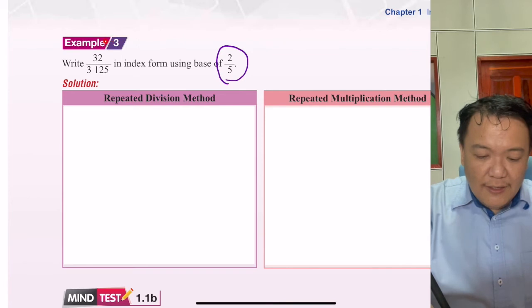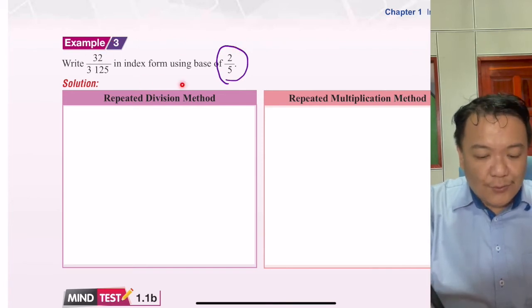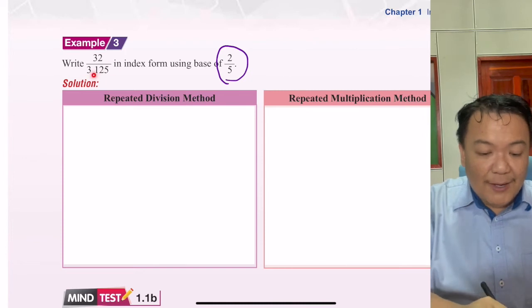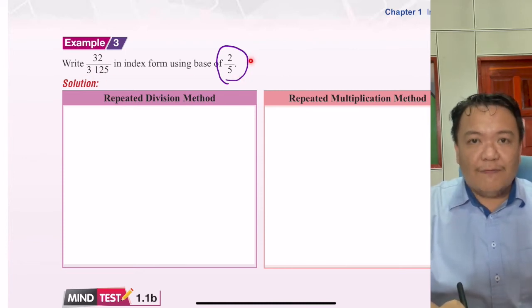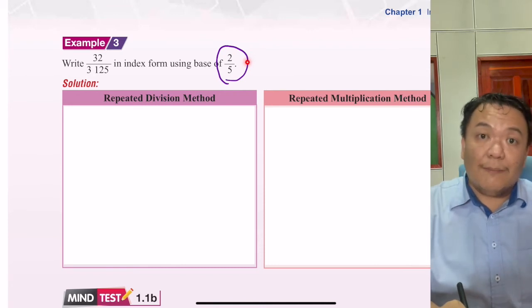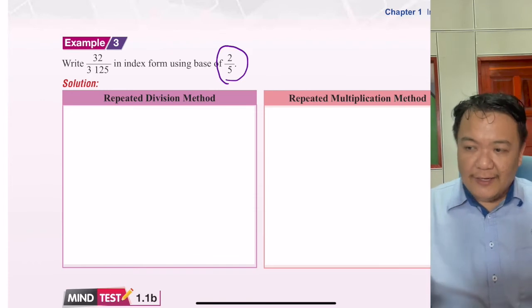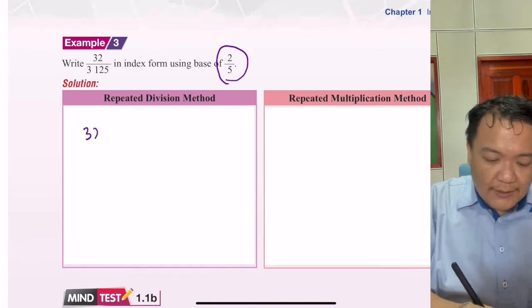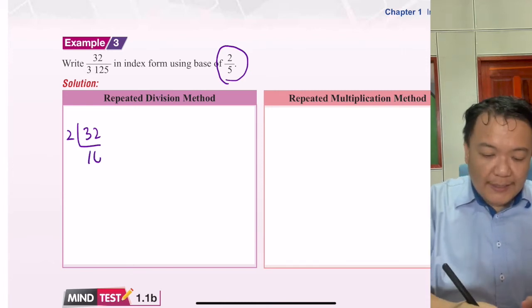Itu maksud dia, yang atas ni awak bahagi dengan 2 untuk division ni. Kalau bawah ni pula awak bahagi dengan 5. Dia dah bagi clue situ. 2 over 5. So yang atas divide by 2, yang bawah divide by 5. Okay, so let's try. The first part. So 32 divide by 2, kita dapat 16.